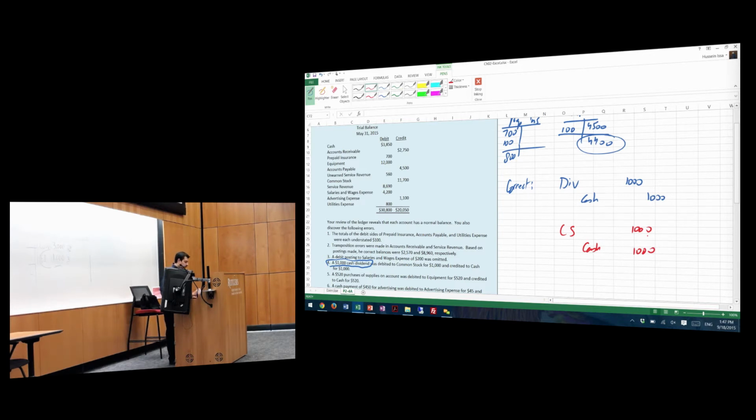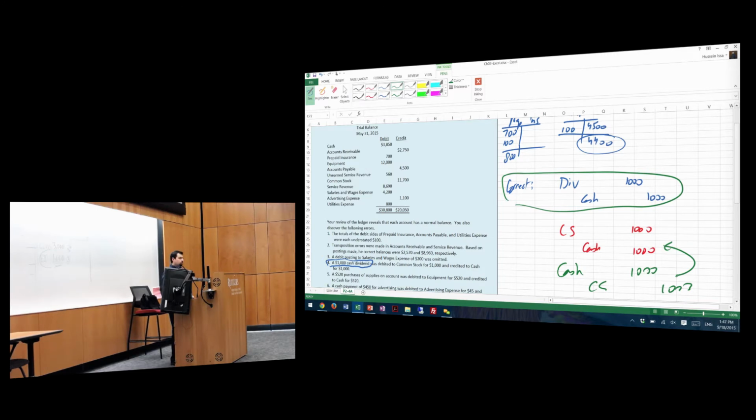So what do you do here? In order to fix it, this is what you need to do. Credit cash 1,000, debit cash 1,000, credit common stock 1,000. Those two will cancel each other. This one will cancel this one, right? It will basically offset the incorrect one, and then you re-enter the correct one here.